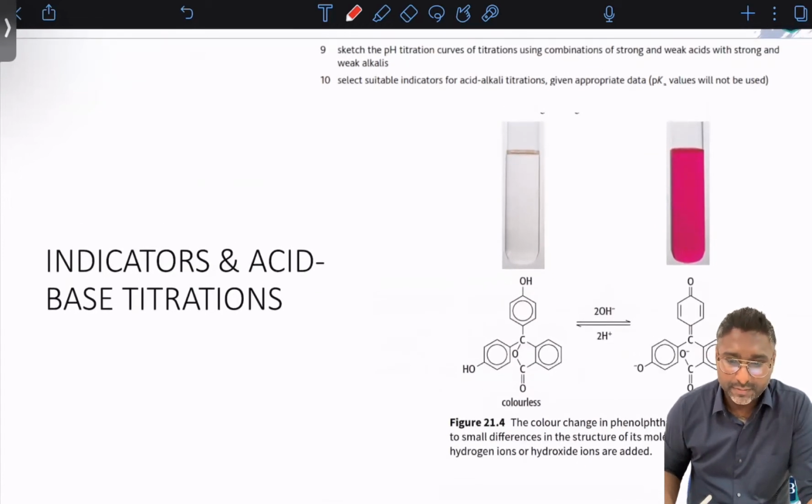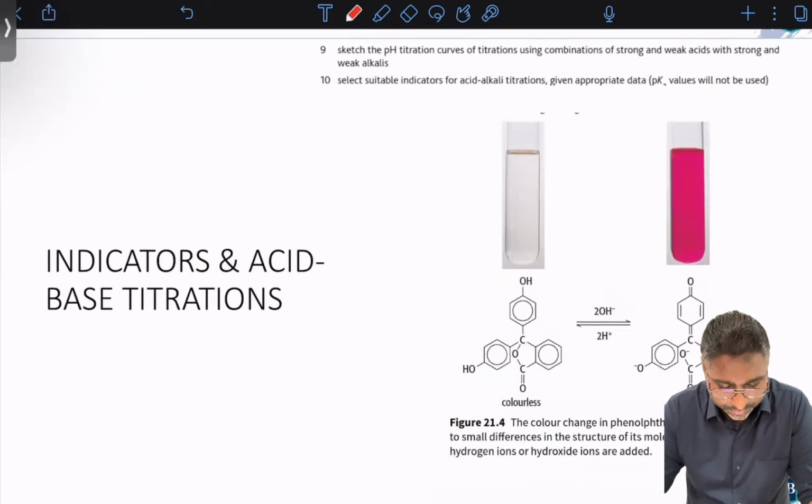We are going to learn about indicators and acid-base titration. Again, the title of today's lesson is acid-base equilibria, not just acid and base.